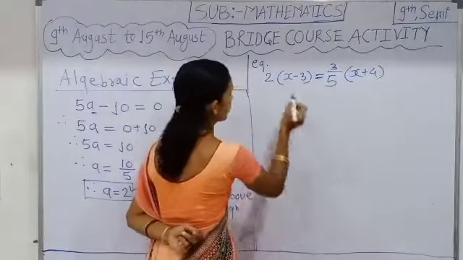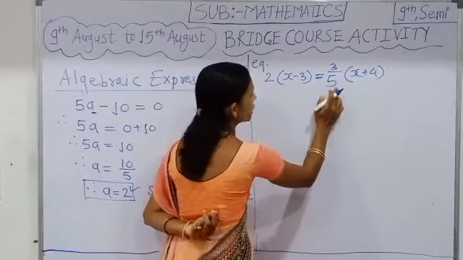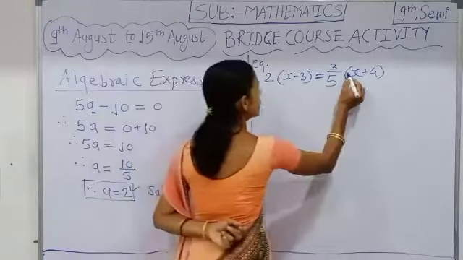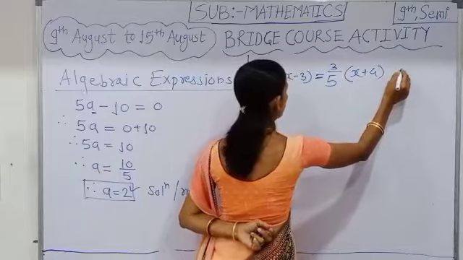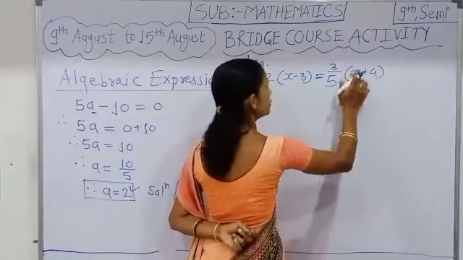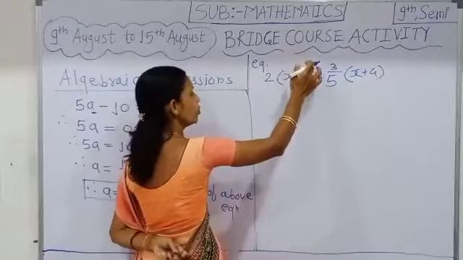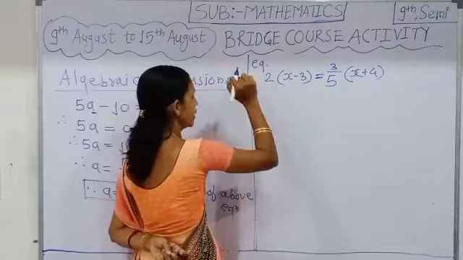See here, at the right hand side 3 upon 5, that 5 is at the denominator. Therefore, we have to multiply this by 5, and as we multiplied this side by 5, we should also multiply by 5 on the left hand side.